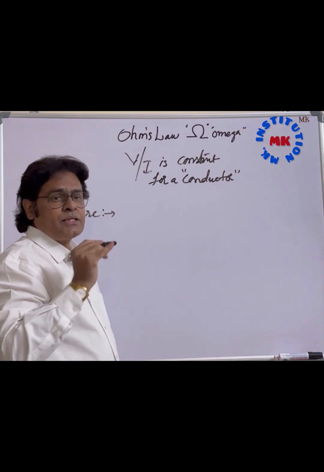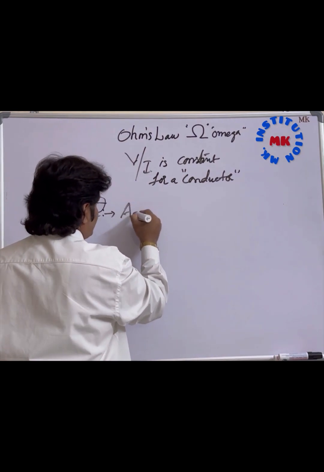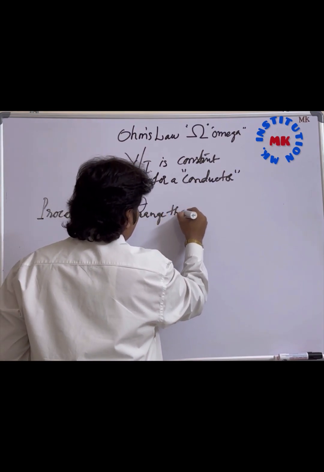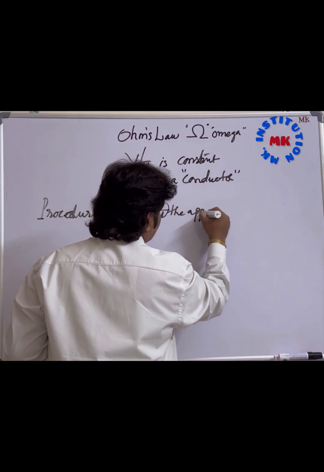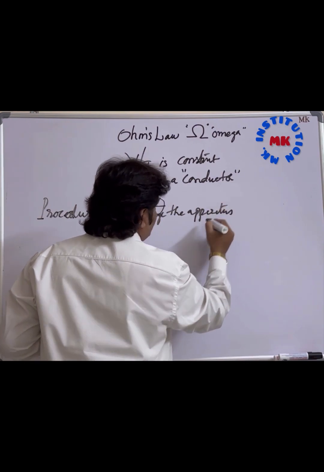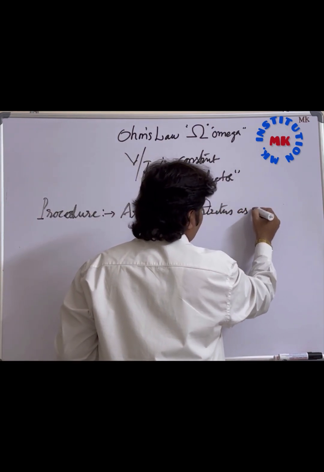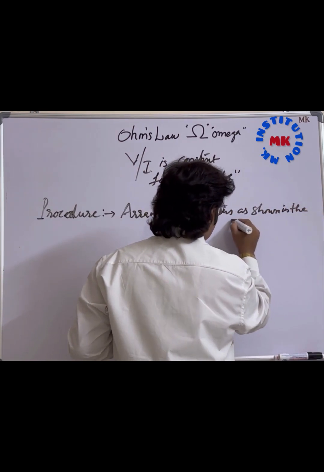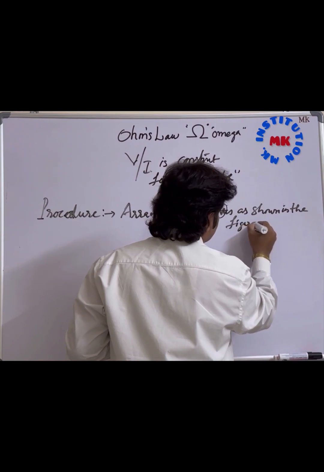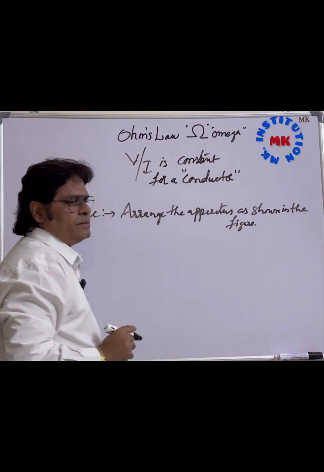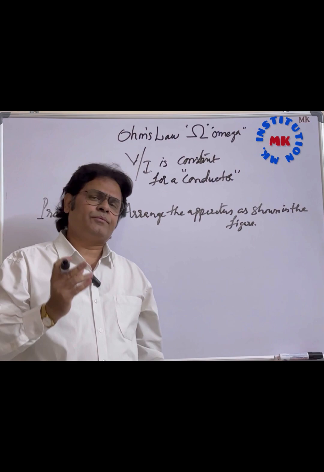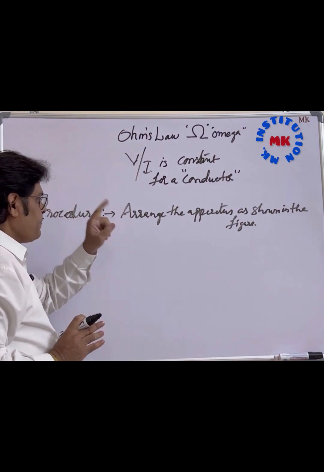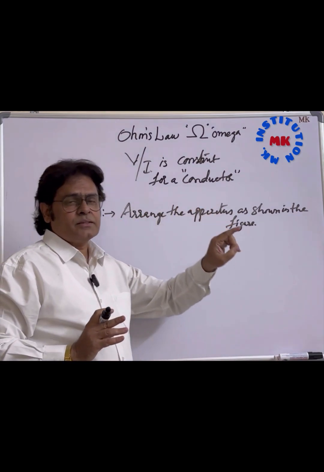Arrange the apparatus as shown in the figure. You have to draw the figure for the long answers. For long answers, it is compulsory to draw the diagram. So in procedure, the first point should be: arrange the apparatus as shown in the figure.